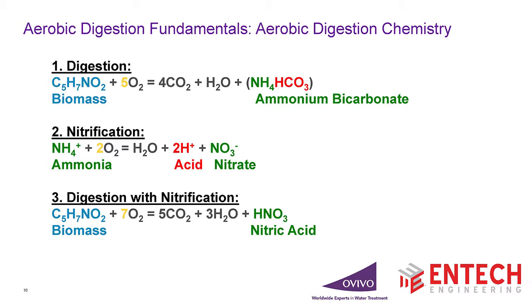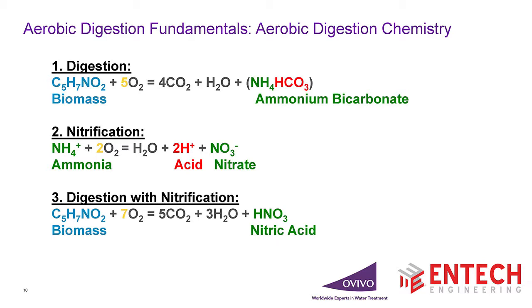In nitrification we create 2 units of acidity. If we just stop there, and this is a mistake that many people make, they say let's put more and more oxygen, and we digest and we nitrify, but we start creating acidity, and that actually starts to inhibit the digestion process.